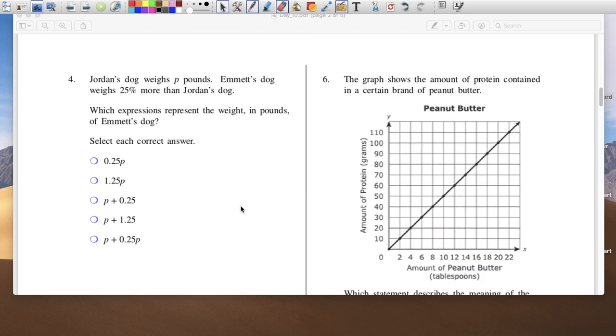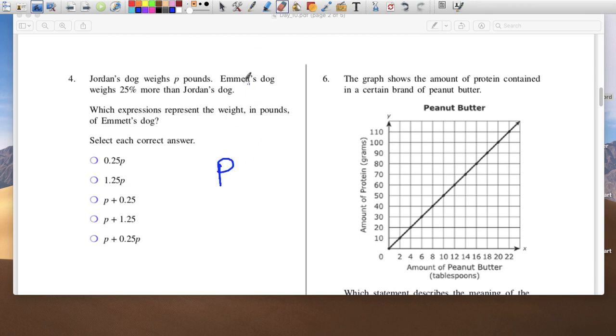4, Jordan's dog weighed p pounds. Emmett's dog weighs 25% more than Jordan's dog. Which expression represents the weight in pounds of Emmett's dog? So if Jordan's dog weighs this many, Emmett's dog is going to weigh whatever this weighs times 1.25, right?